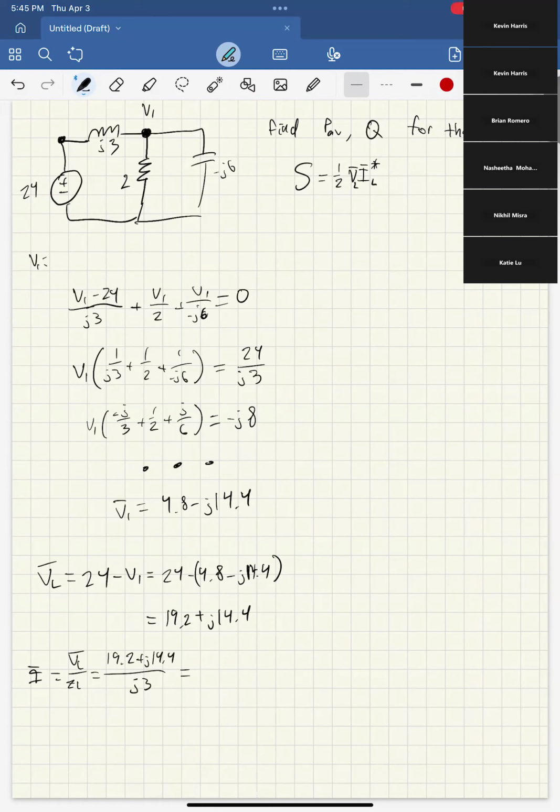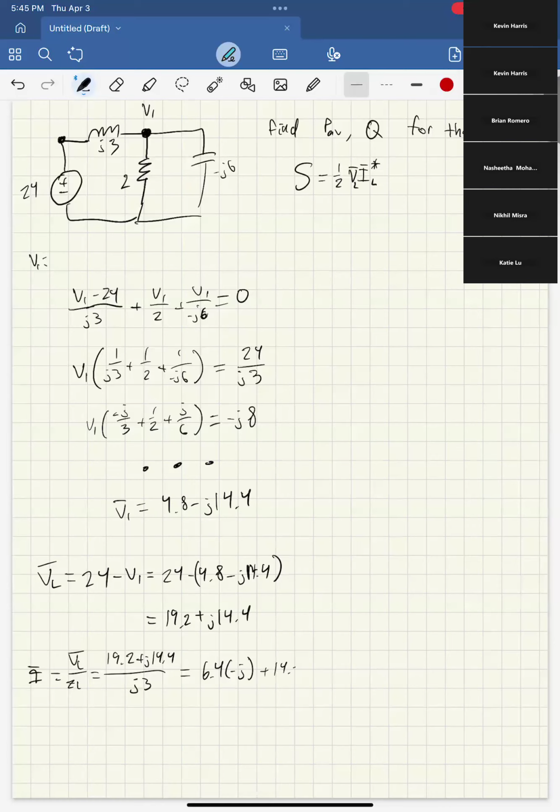If you do this math, you can just do it piece by piece. 19.2 over 3 is 6.4. So it's 6.4 times negative j, because remember 1 over j is negative j. And then 14.4 over 3 is 4.8, and here the j's will just cancel.